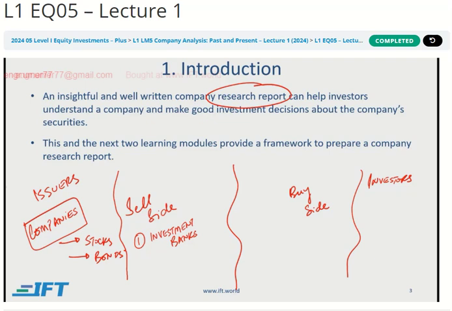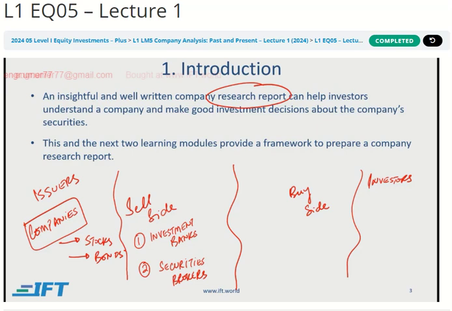So they help them with making their financial model, financial projections, and preparing their prospectus, etc. Then you have your brokers, right? Securities brokers, who are also going to then work with these investment banks to sell these securities to your investors.